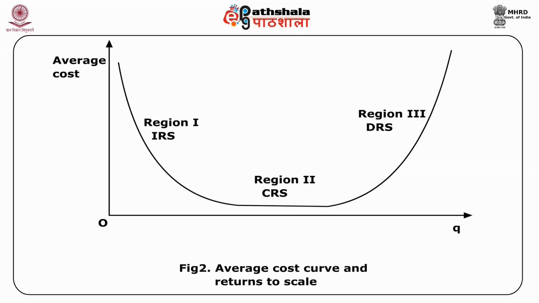On the other hand, if mu is greater than 1, then AC is greater than MC. This happens when AC is falling. Hence, mu greater than 1 implies increasing returns to scale. Similarly, it can be shown that for mu less than 1, a firm has decreasing returns to scale.